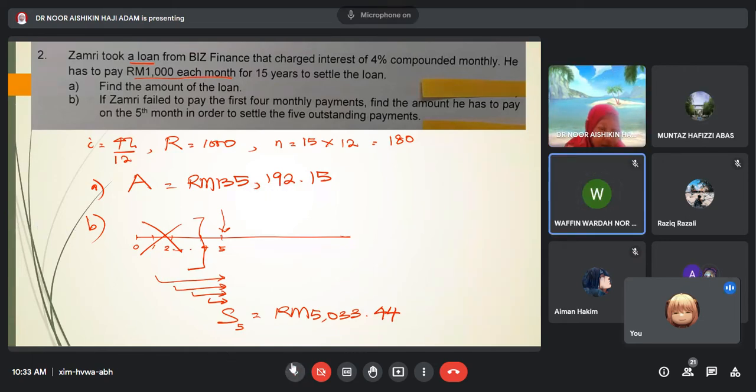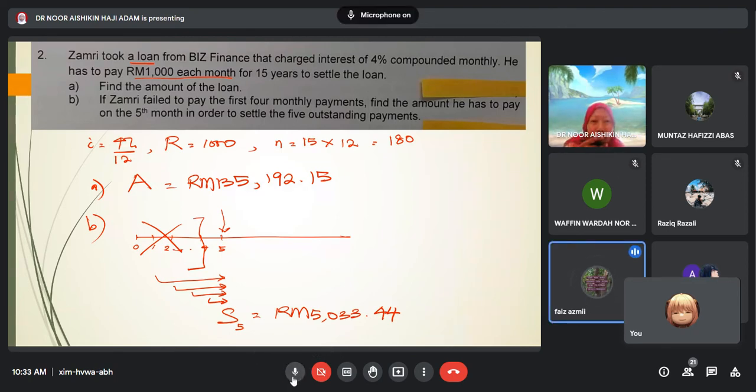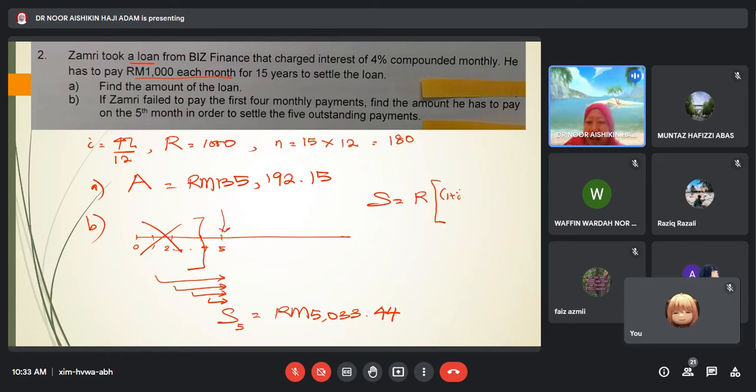Faham. Doktor, nak tanya, apa beza dia punya formula yang A dengan S tu? Just positif negatifkan N je. In terms of formula, bukan setakat positif atau negatifkan N. Kalau you tengok formula S, it will be R times 1 plus I to the power of positive N minus 1. And then you divide by I. That is S. But A, dia nampak macam sama tapi tak sama.